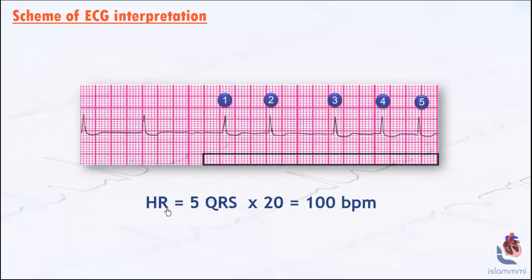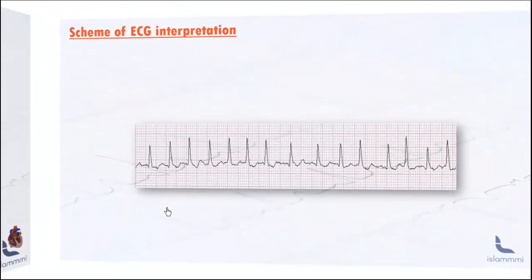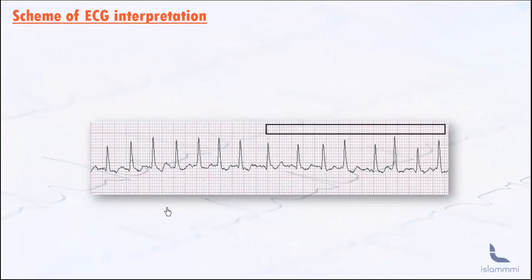Let's take another example. So let's count with me. First of all, is this regular? Of course it's not regular. It's irregular. Why? Because the distance between each R wave is not the same. So let's locate 15 boxes like here. We have 1, 2, 3, 4, 5, 6, 7, and 8.